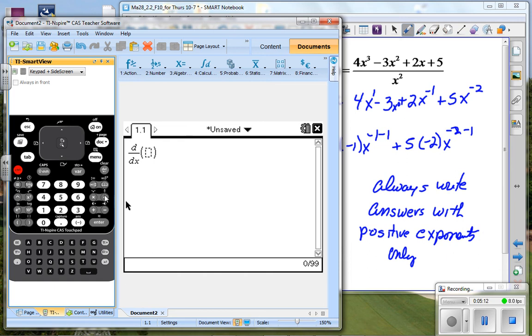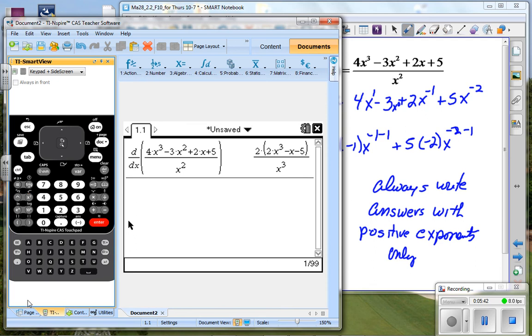So we'll do a fraction, and we have 4x cubed minus 3x squared plus 2x plus 5 divided by x squared. Okay, double check, make sure we have that correct, and press enter.